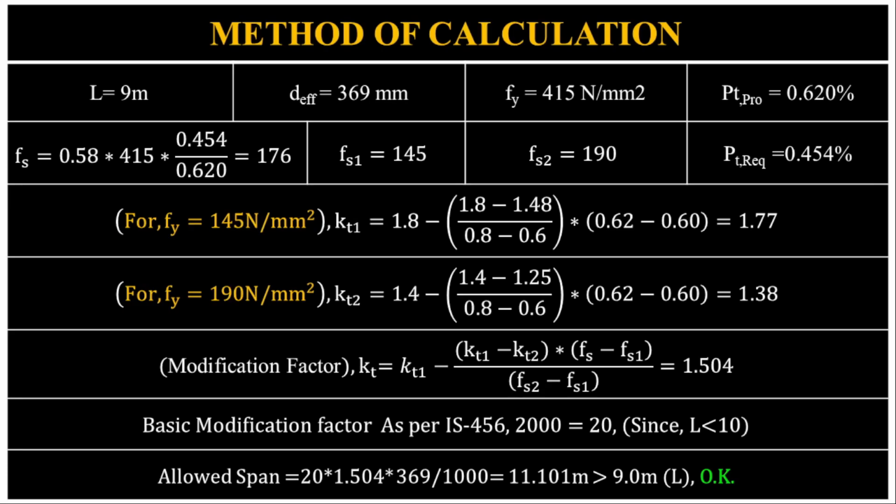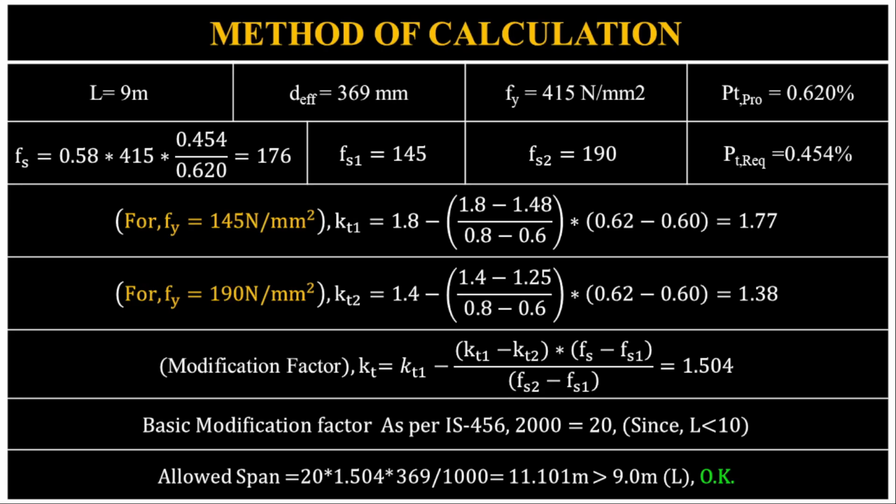Now, to find the final modification factor Kt for our calculated Fs of 176 Newton per square millimeter, we again use linear interpolation between Kt1 and Kt2, weighted by the difference between our calculated Fs and Fs1, and the difference between Fs2 and Fs1. This calculation yields a final modification factor Kt of approximately 1.504.